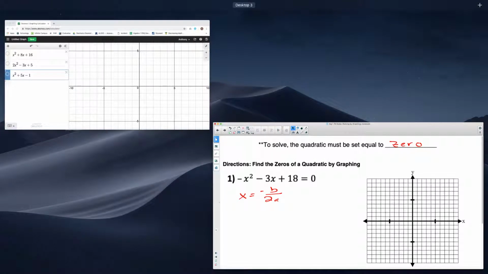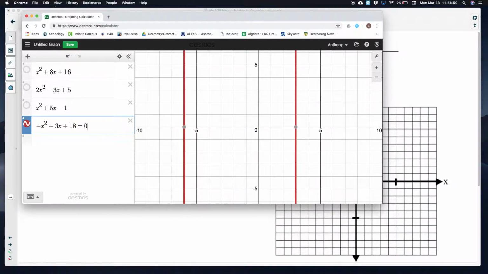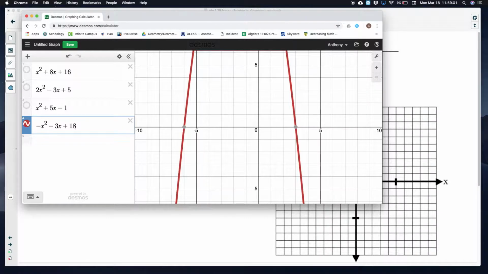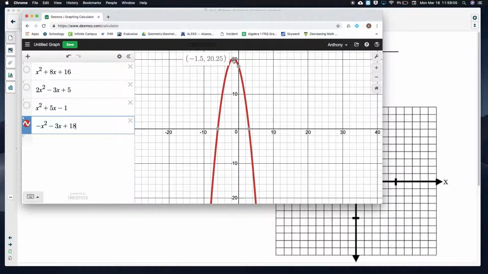So if I go to Desmos, and I type in this function, negative x squared minus 3x plus 18 equals 0. Okay? So if I just graph this parabola, notice here, our vertex would have been way off our graph. Our y-intercept would have been way off our graph.